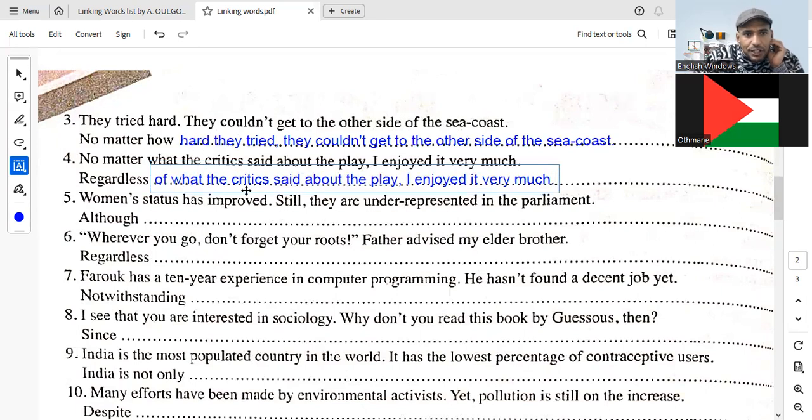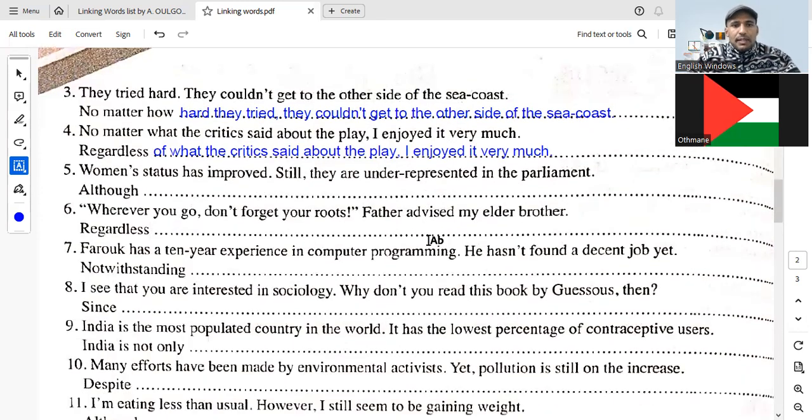So we have regardless. Regardless of what the critics said about the play, I enjoyed it very much. Great. Regardless of what was said about the play, honestly I enjoyed it. Yes, I enjoyed it very much.